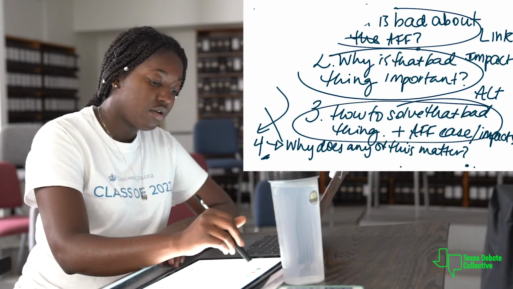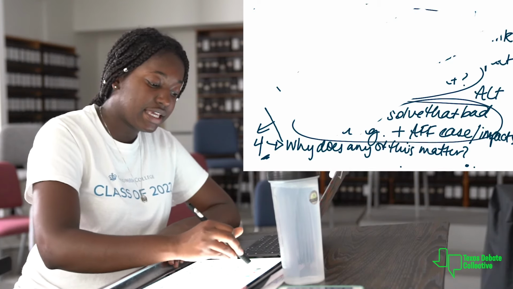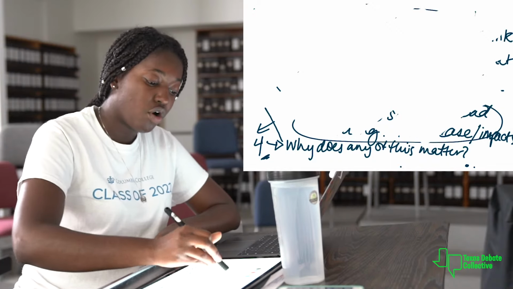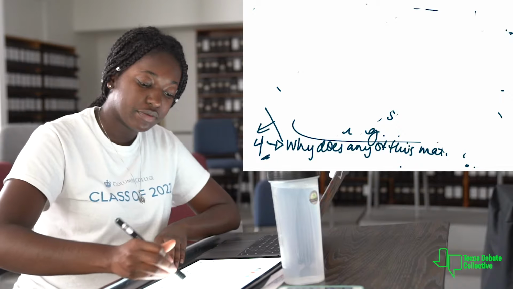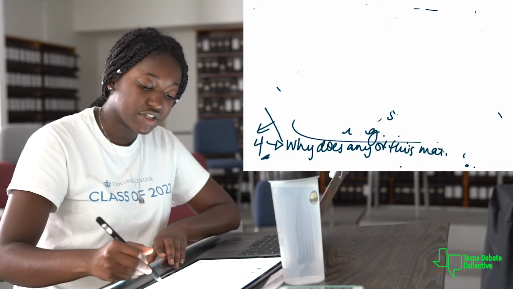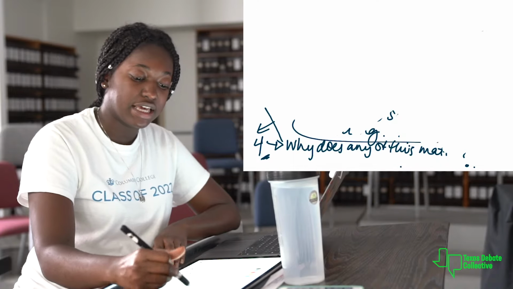So when you think of critiques, you want to think link, impact, alternative, but why does any of that matter? Because of your framework. And so you should analyze what your framework is first before you move on to actually explaining the link and the impact of the alternative.